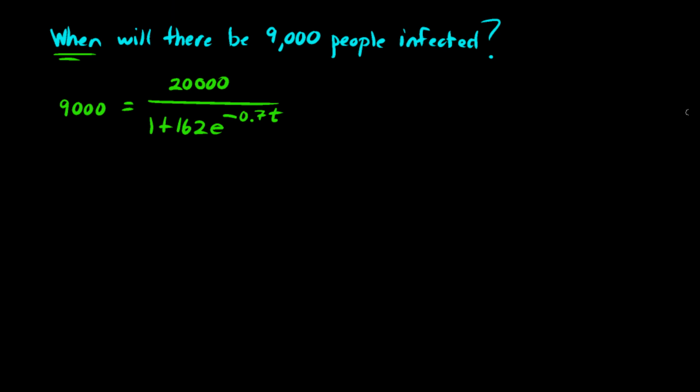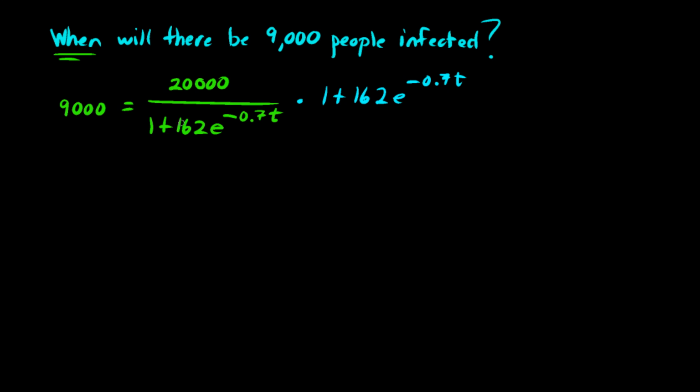The easiest thing to do first is to actually interchange this 9,000 and this denominator. The reason why we can do that is because if I were to multiply both sides by this denominator and then divide both sides by 9,000, you would have that. So we multiply both sides by 1 plus 162e to the negative 0.7t.